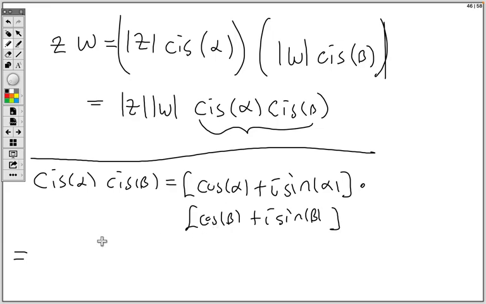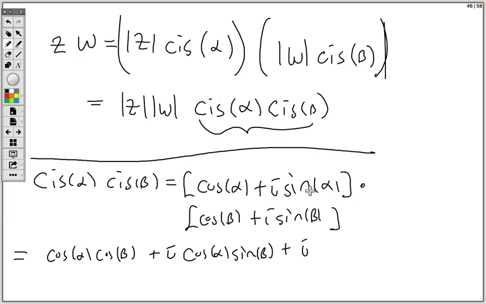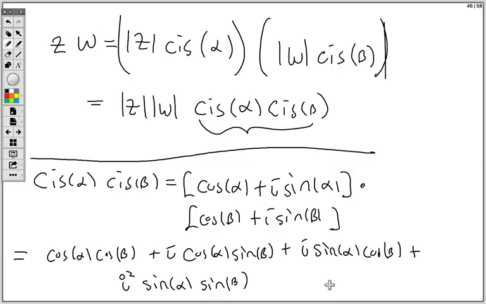We get cosine alpha times cosine beta. Then we get i times cosine alpha sine beta. And then we get i times sine alpha cosine beta. And then we get i squared sine alpha sine beta.